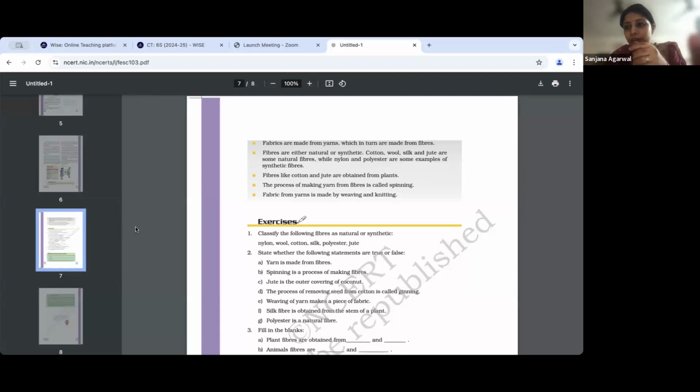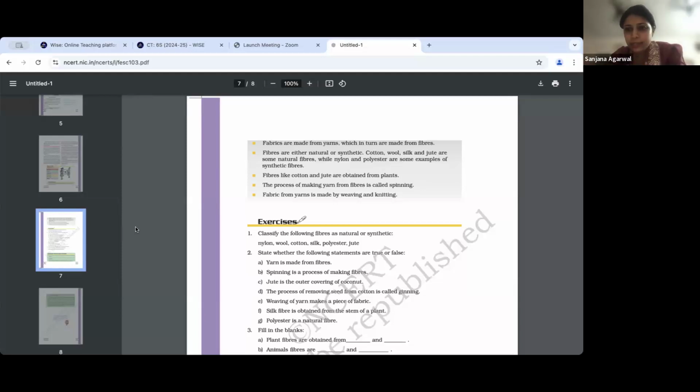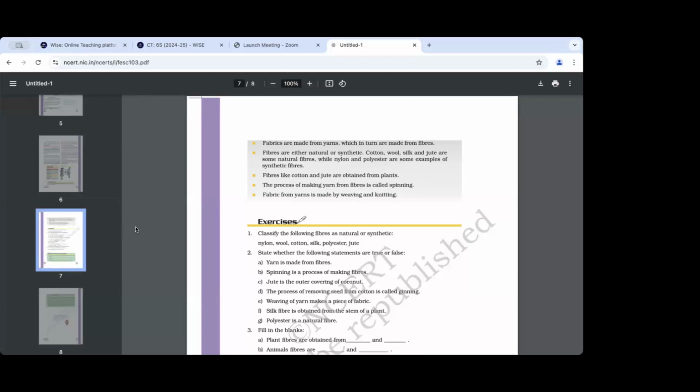And we have saris available in the market made of silk. So think about how many silkworms are required for making a sari. That's why it is very expensive. Cotton is the cheapest and the best. Polyester is a natural fiber. False. Okay.